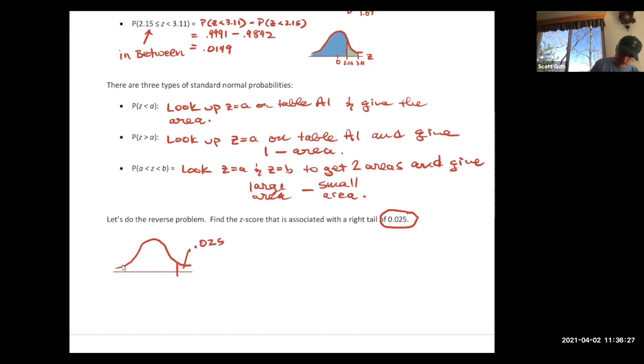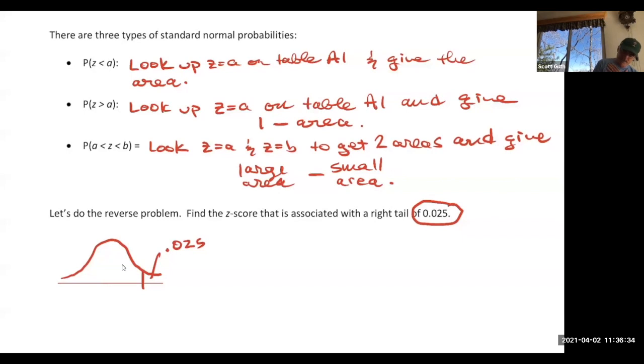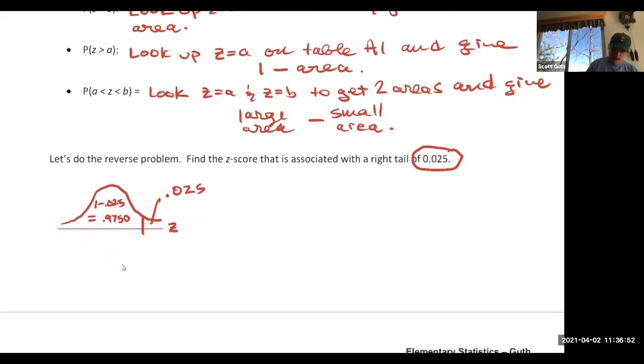We need the area to the left. The table only works with areas to the left. So this would be 1 minus 0.025, which is 0.975, I think. I'll put a 0.9750 here.